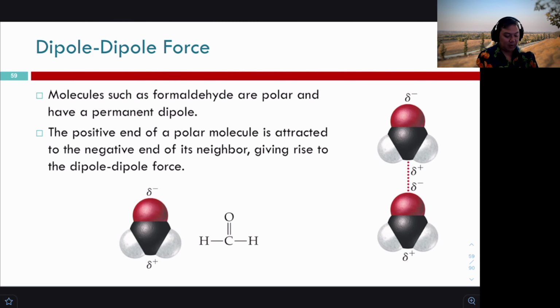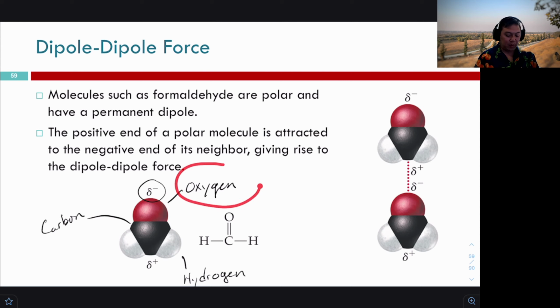So an example of a polar molecule, formaldehyde is polar, and so it has a permanent dipole. So what that means is that the oxygen side, so this is oxygen, and this is hydrogen, and the black one there is carbon.